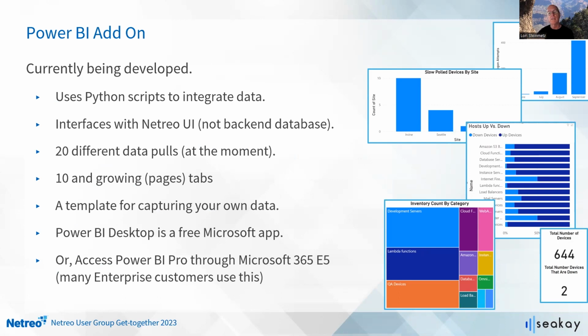And you can scroll that component up and down. The list of the number of devices in a category, so you can see device count based on your categories. And the larger the size, obviously, the more devices you have within the category. And finally, you have the total number of devices found within the Netreo instance and how many are down.